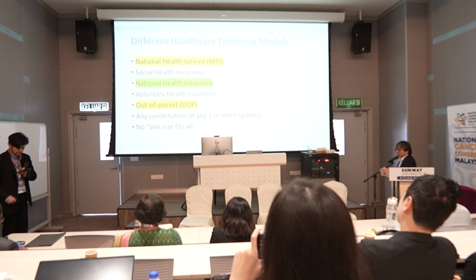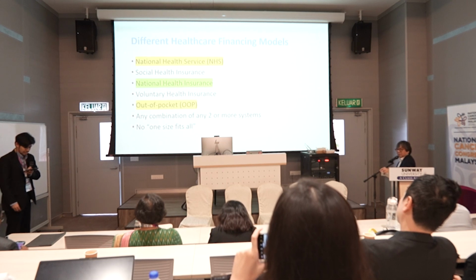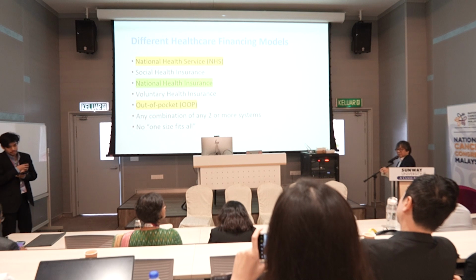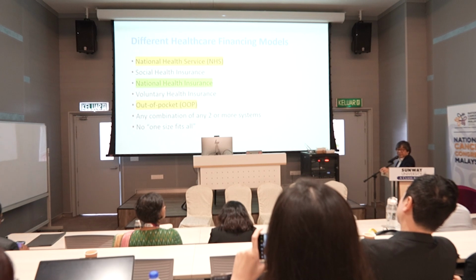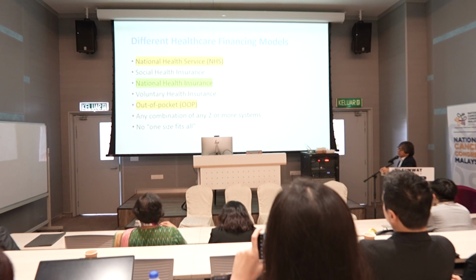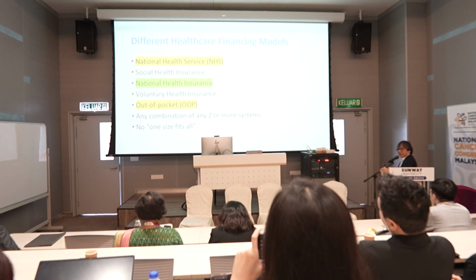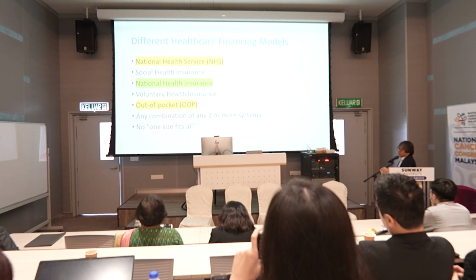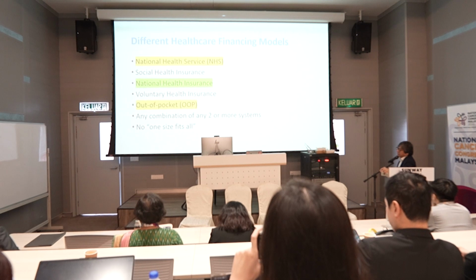The National Health Insurance model is actually a type of insurance model, but the insurance is run and operated by the government. So it's sort of like some European countries where you pay tax and then you get the insurance. And if there's not enough, the government will top up with general revenues or general taxation.